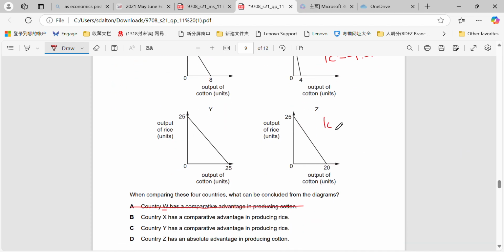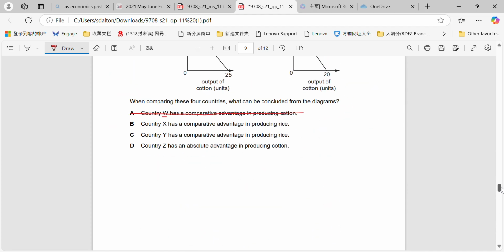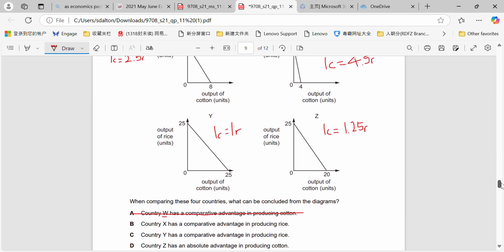One cotton here would be 1.25 rice, and one cotton here would be 1 rice for the opportunity cost. So either way, we can see that they don't have the lowest opportunity cost of producing cotton in A.